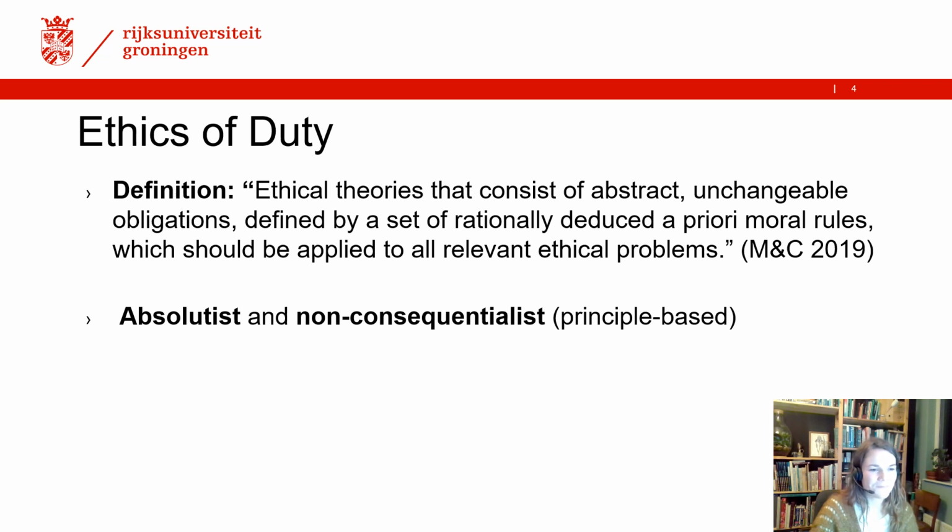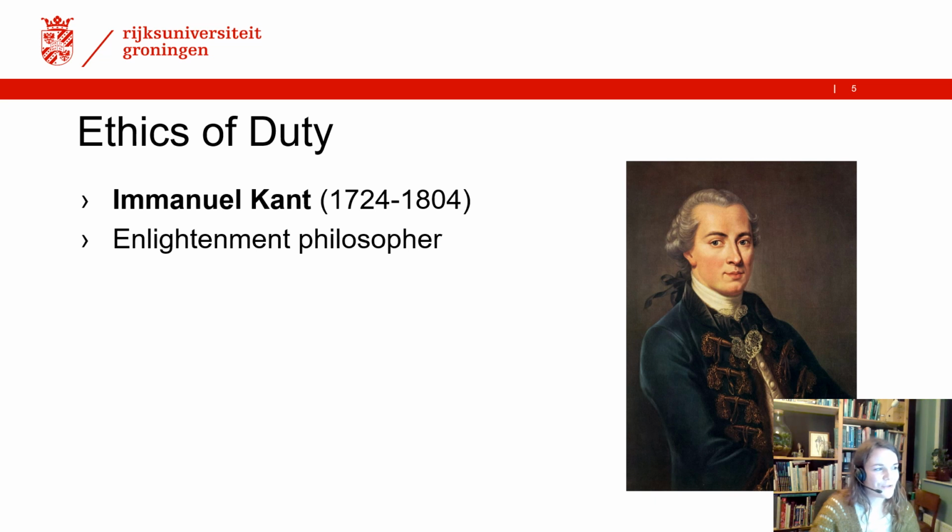Bear with me. I want to introduce the founder of this theory to you, and this is Immanuel Kant, and he lived in the 18th and 19th century. He was a German Enlightenment philosopher, and he is still one of the most influential Western philosophers.